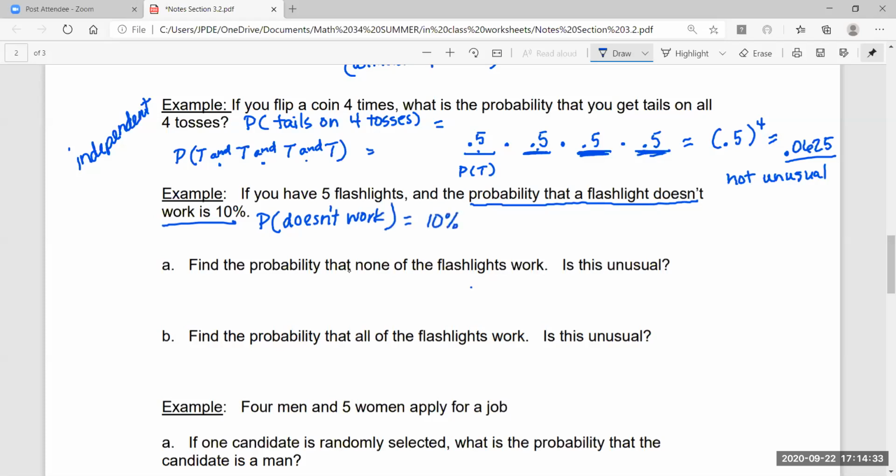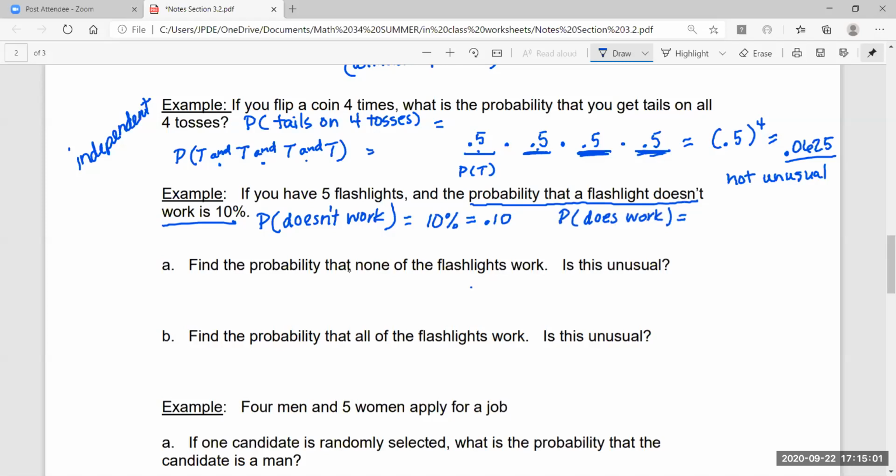Now, sometimes the fact that it was given to you as a percentage throws people. Remember, 10%, we can write it as a decimal. It would be 0.10, or you can use 0.1 even. So we know the probability that the flashlight doesn't work is 0.10. What's the probability that it does work? A flashlight.